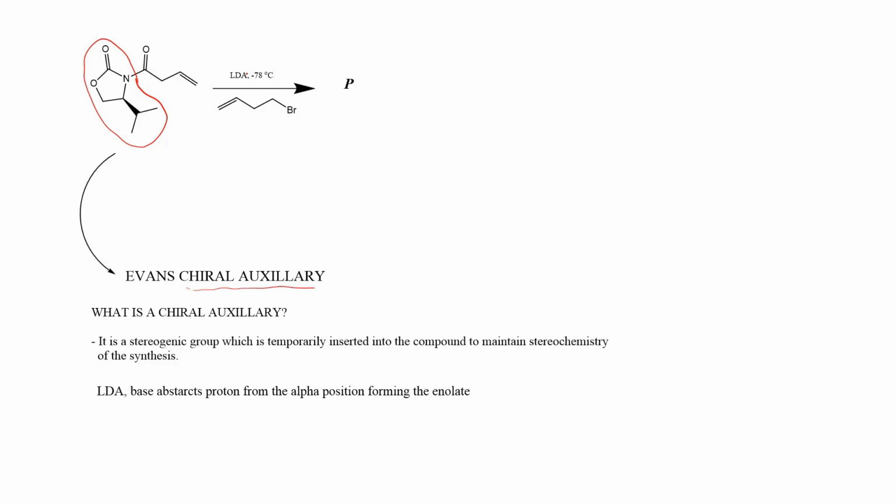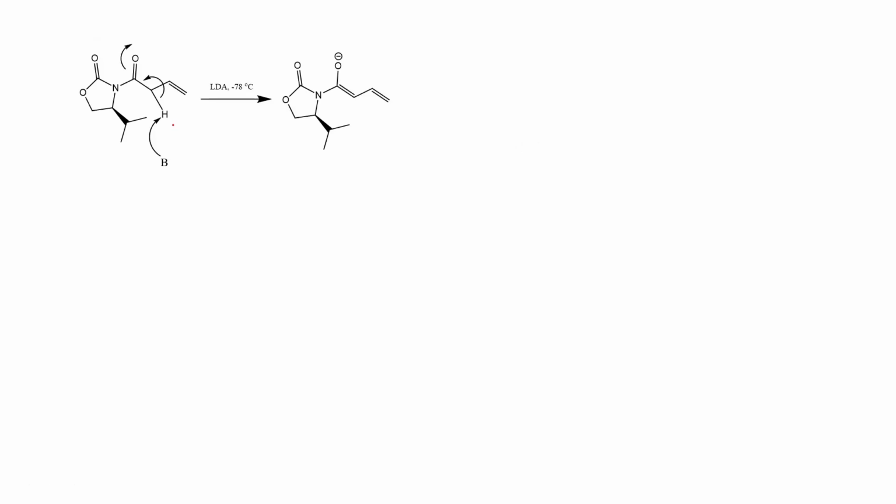Now, LDA is a base which abstracts a proton from the alpha position, forming the enolate. So we have to know how the enolate is formed. Here is the substrate. This base is abstracting this proton, this bond is given to this position, and this bond is formed.